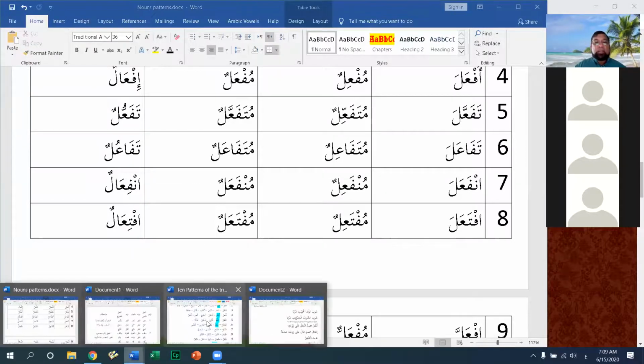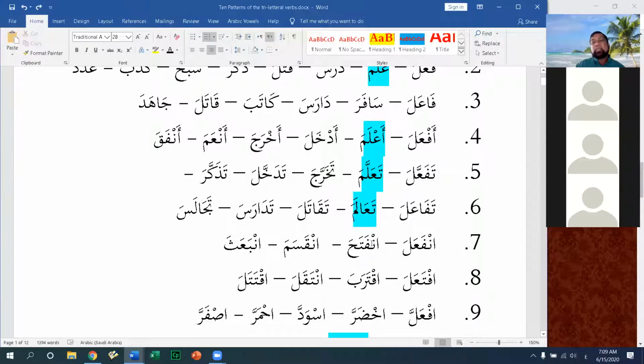So if we were to look at examples for that, we'll say انفتح. منفتح بكسر التاء. منفتح would be the اسم المفعول, and انفتاح would be the masdar. انفتح, by the way, means to open by itself.